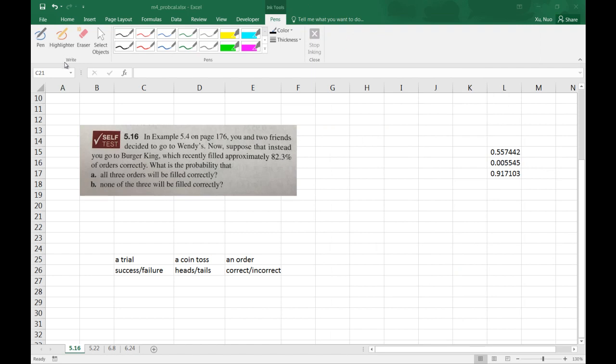Just to make sure we are really clear on these notions, let me write down the algebraic notation. If we define x as the variable which follows the binomial distribution, the distribution itself is described by 2 parameters. The first one is the number of trials. The second one is the chance of success.